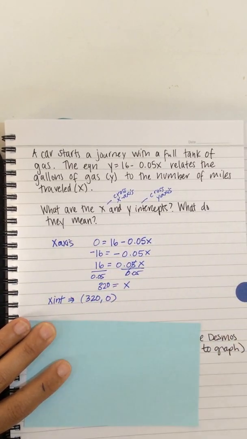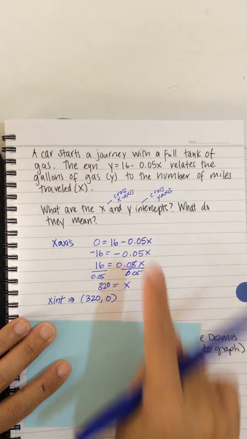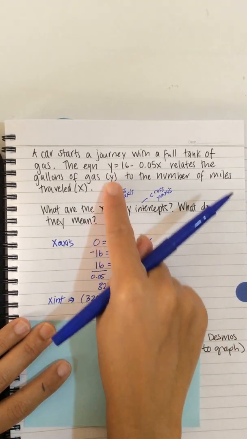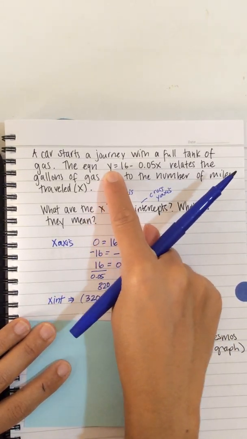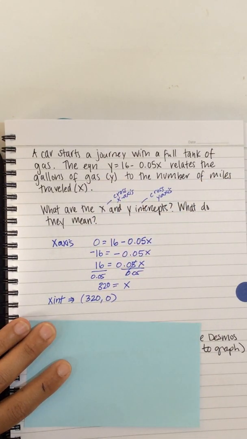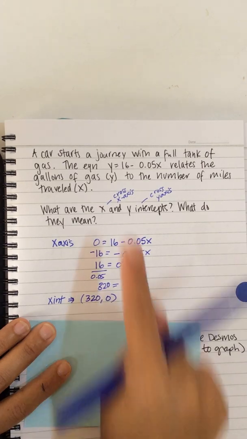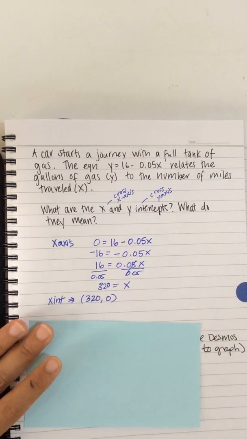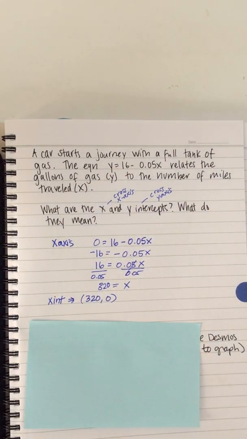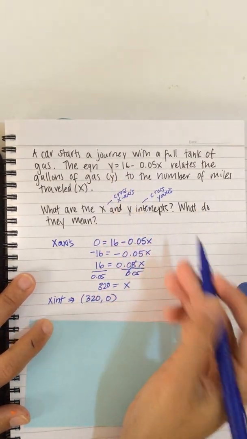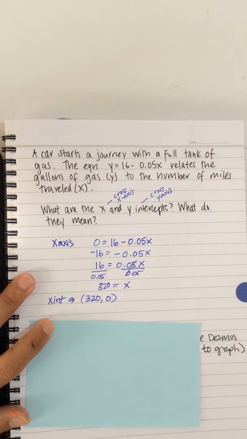Now, what does that mean? So if it is crossing, if y equals 0, y is the gallons of gas. So that's when you've used 0 gas. So what does the x mean? The number of miles traveled when the gas is 0. So that is telling us that if we used all of the gas in our car, we could go 320 miles, right?